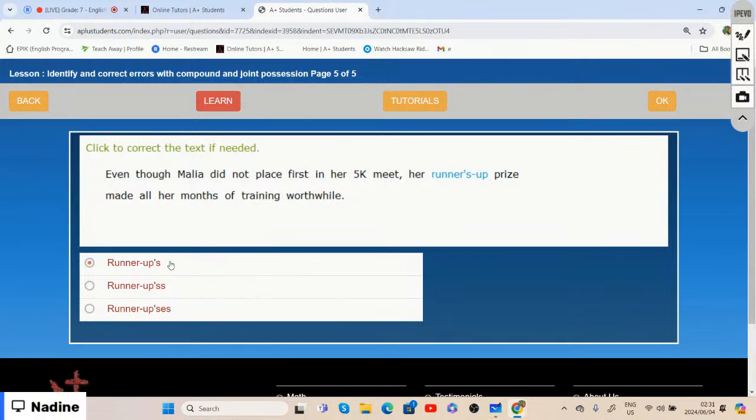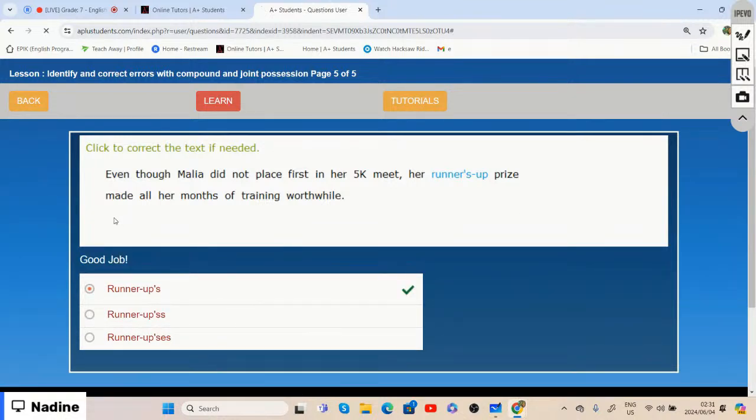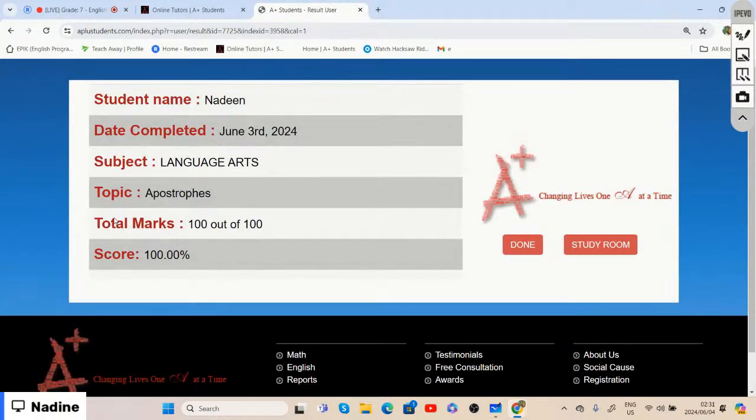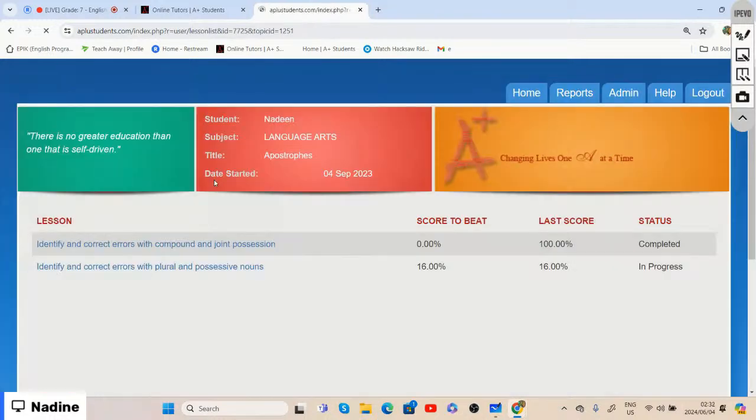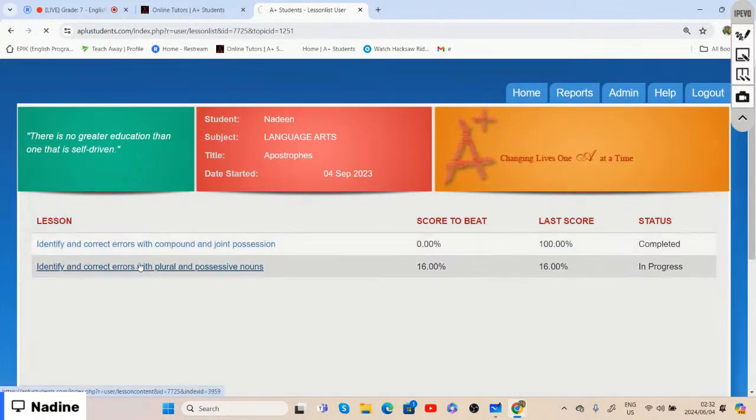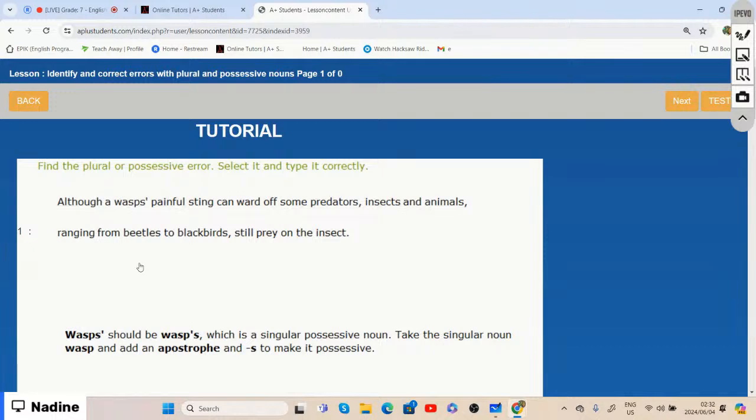All right. So we say runner-ups made all her months of training worthwhile. All right. Now let's go to the next one, right? Where we are going to identify and correct errors with plural and possessive nouns.